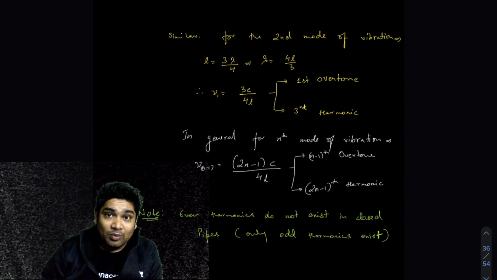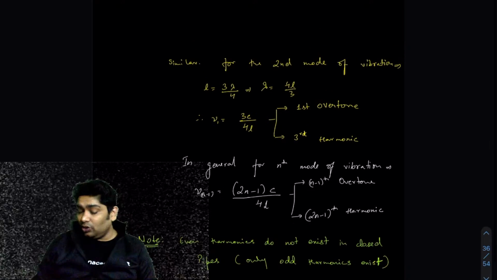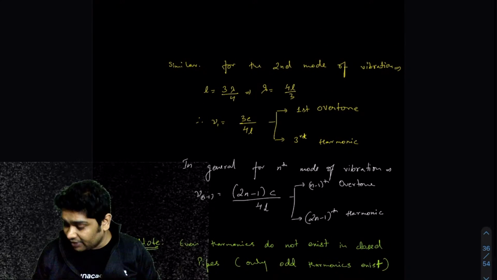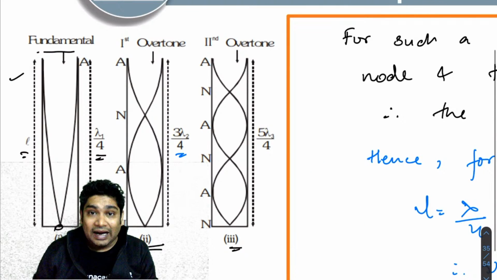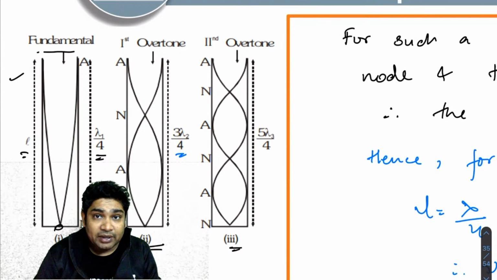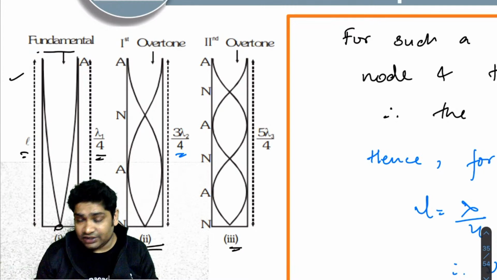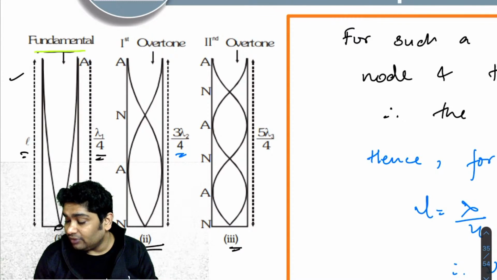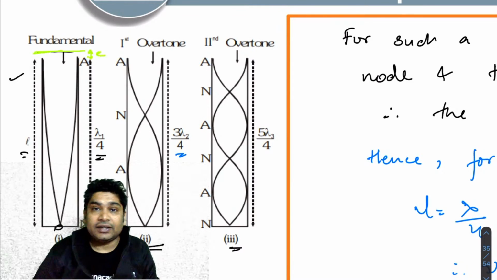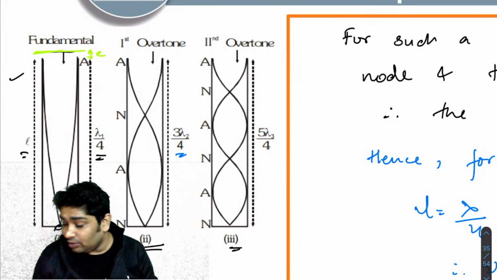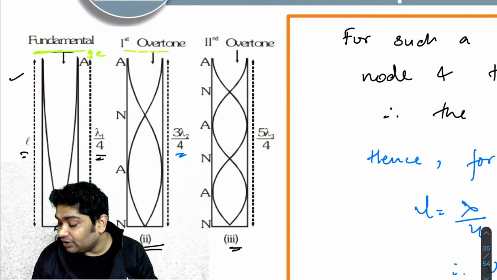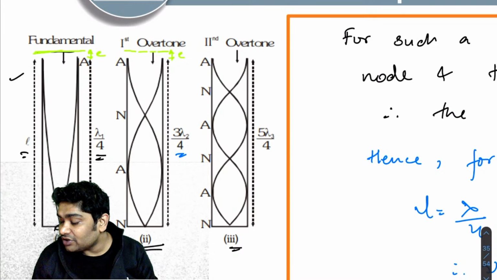Now, one more point is that though we are assuming here that the antinodes are formed here, practically speaking, the antinodes are not typically formed here, but slightly above this. Okay, so there is something called the end correction E. Practically all the antinodes are actually formed slightly above the end of the pipe at a distance E, which is known as the end correction.